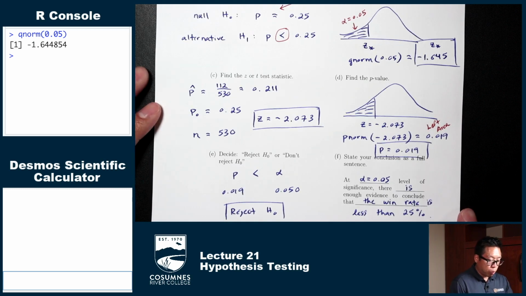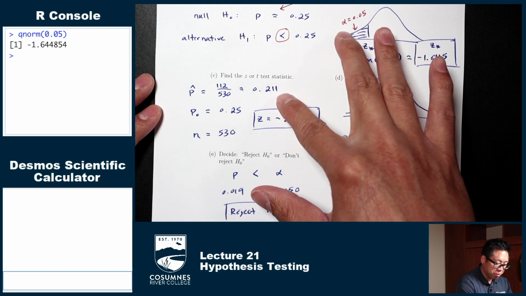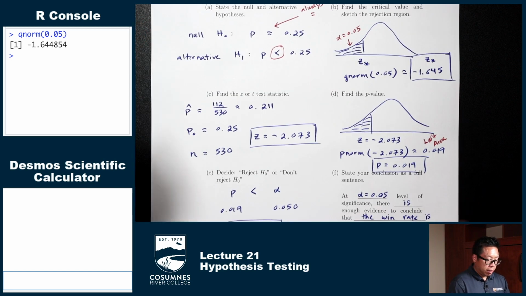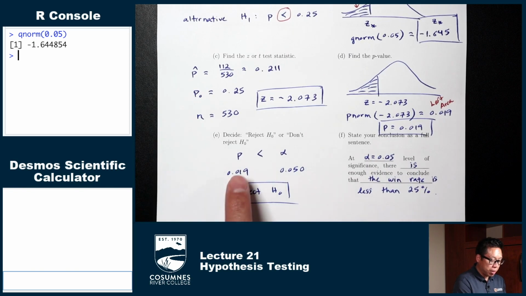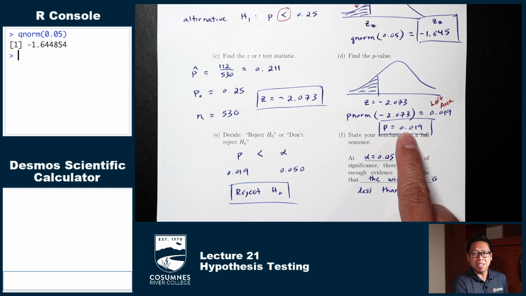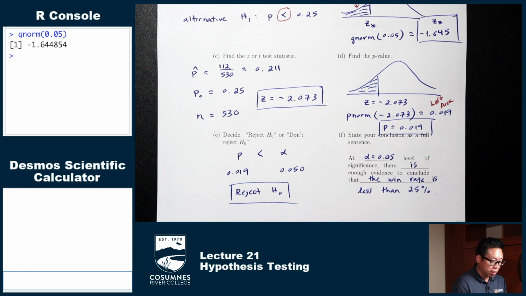Now the question is, why does the critical value approach work? If you notice, we don't actually need the exact p-value, right? All we really need is to know whether the p-value is less than alpha. So you don't actually need to know the exact p-value. All we care about is whether the p-value is less than the alpha.